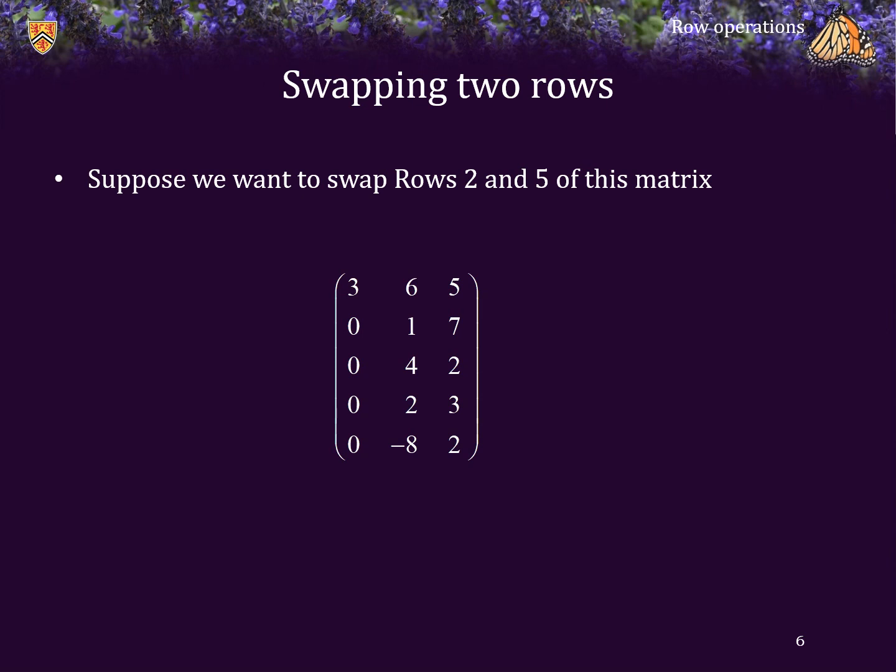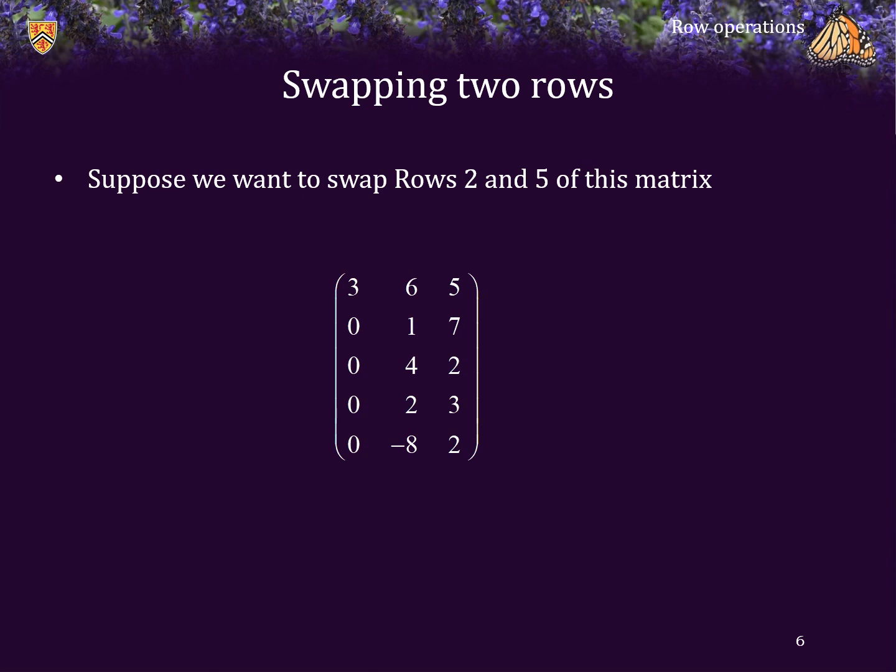Now, suppose we have this 5 by 3 matrix and we would like to swap rows 2 and 5. For it seems as if we are currently performing Gaussian elimination. We've eliminated everything under the leading non-zero term in the first column, and now we are swapping rows 2 and 5 to place the largest entry in absolute value at that location.